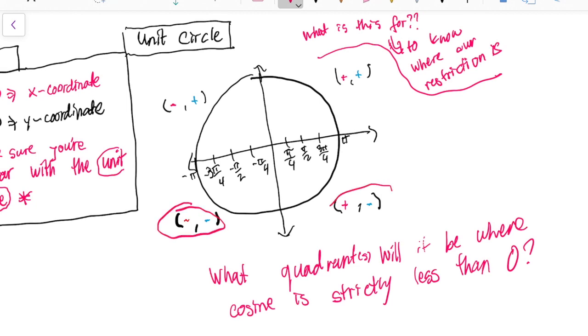By looking at all these, which one is cosine representing? Is it the x or the y? Yep, it's the x values. So that is where cosine is.